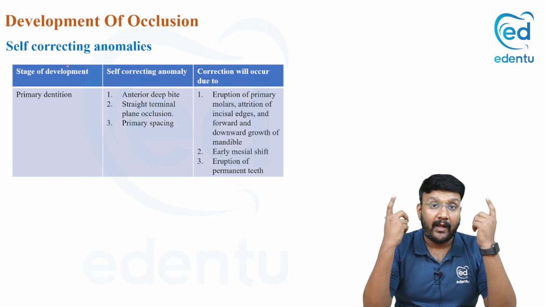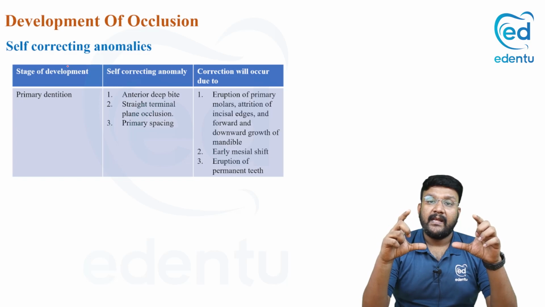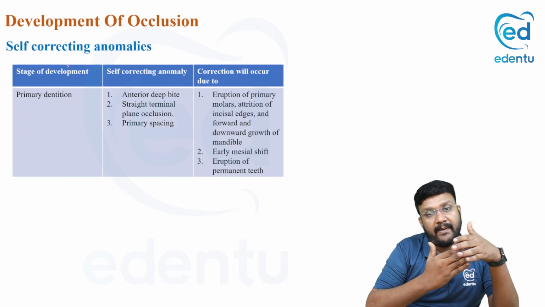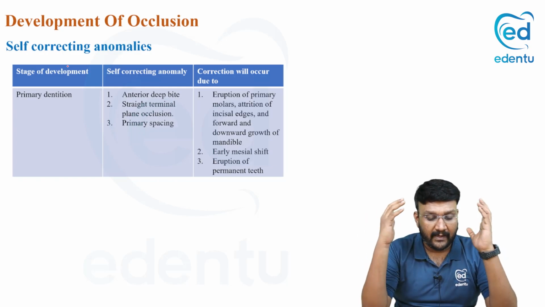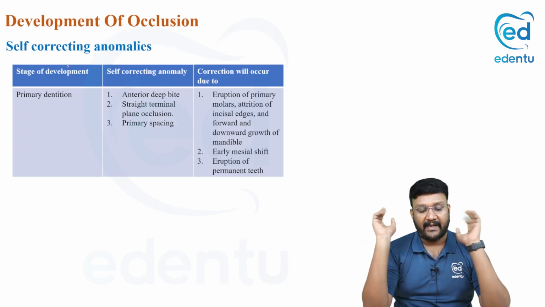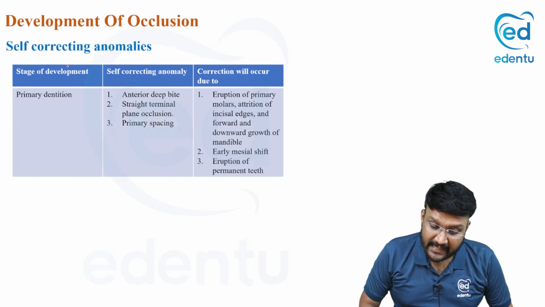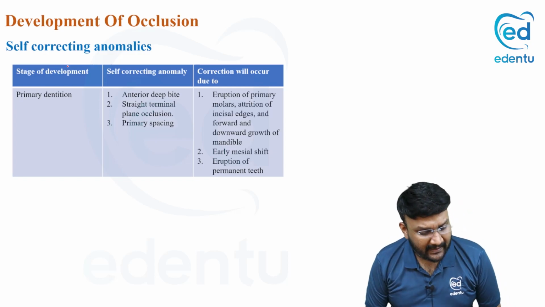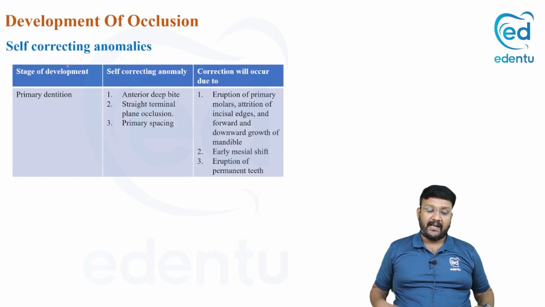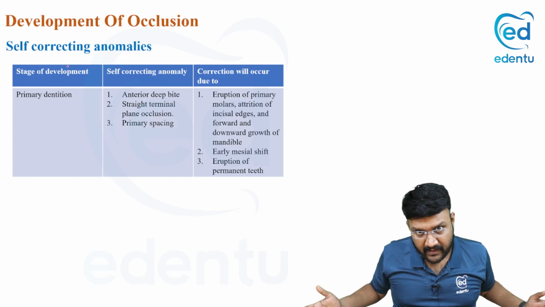Once the primary molar erupts, automatically the bite will be raised, and there will be a downward and forward growth of the mandible. So the deep bite will be corrected. Next is the straight terminal plane occlusion. That is corrected by early mesial shift, and the last one is the primary spacing. That will be corrected when the permanent teeth erupt. That spacing will be corrected by itself.